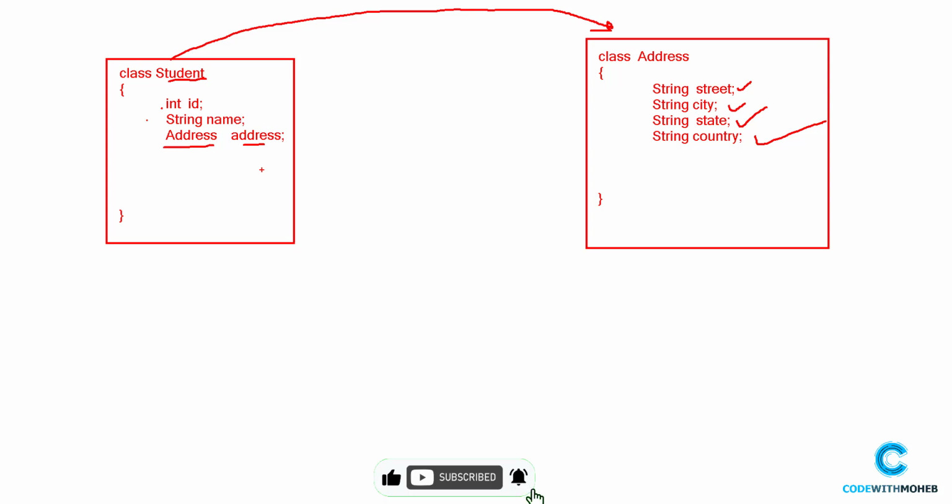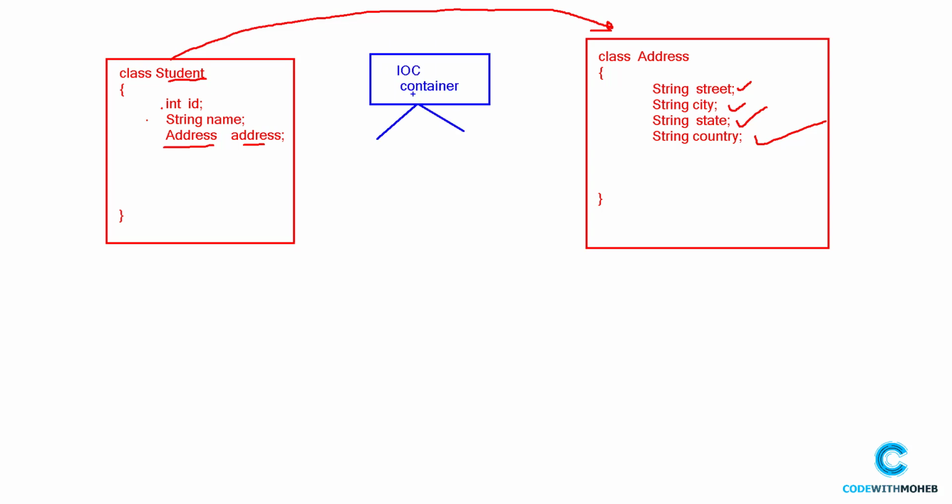So assume that this is the Spring IOC container. Let me draw it, for example. This is the IOC container. So the IOC container, or the Spring framework, will create the Address class object and then inject all the values of the Address class at runtime.